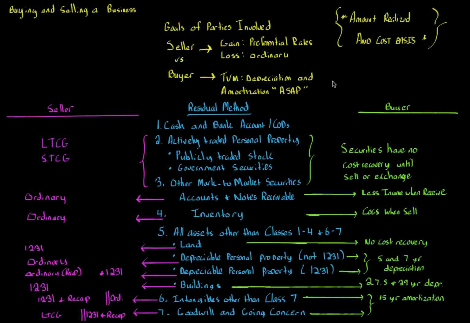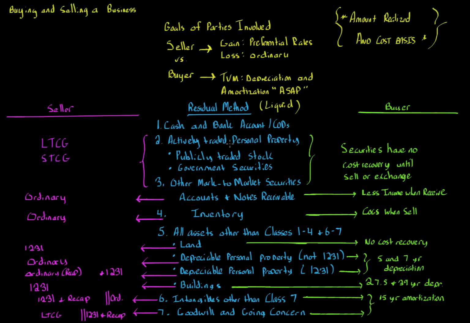And there's 7 classes. The 7 classes are based upon liquidity. So the residual method is all about liquidity. How liquid are each of these assets? And the more liquid an asset is, that's the order that we go down. So what we're saying is, if you have a $1 million purchase price, and the value is agreed on certain assets, you go in order by each asset until the purchase price amount is fulfilled.